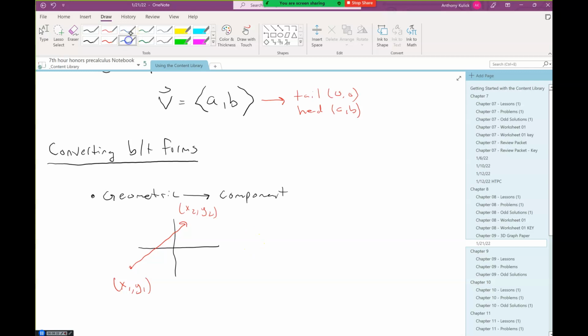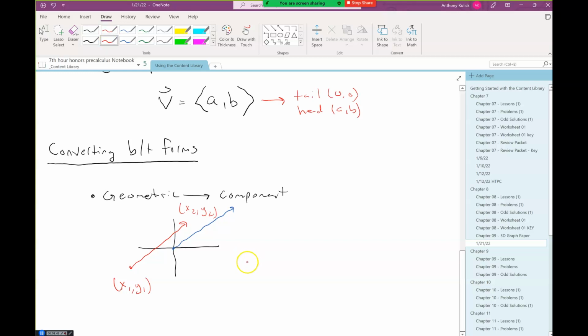In component form, basically what we want to do is pick up that vector and move it so that it's the same length and still has the same direction, but the tail of the vector has been moved, or translated, if you want to use the geometric term, so that it's at the origin.